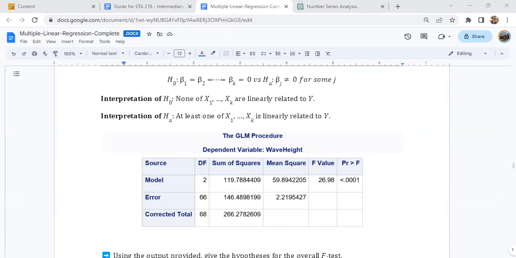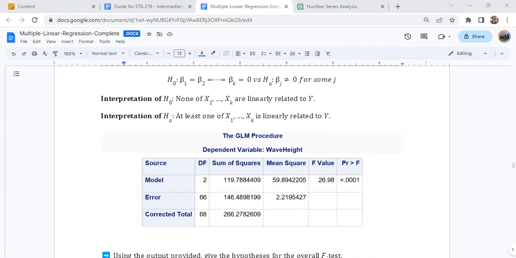What's our SS model value here? Right, yeah, the 119.7884.